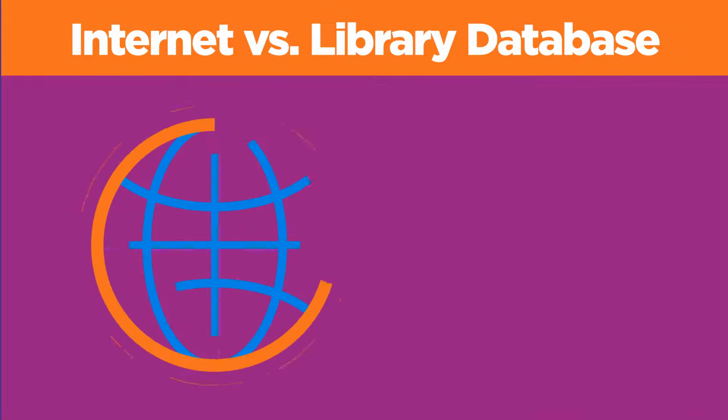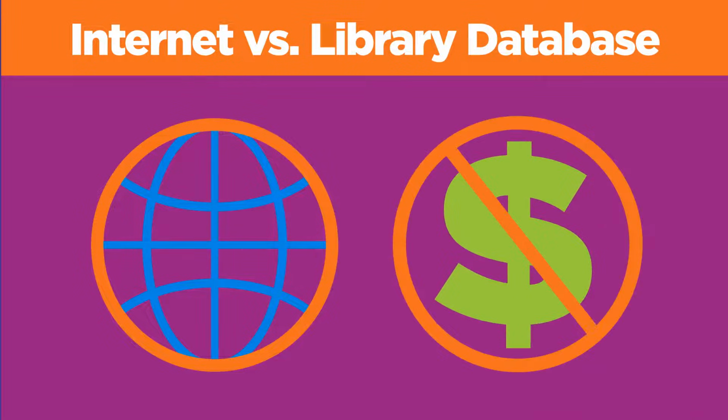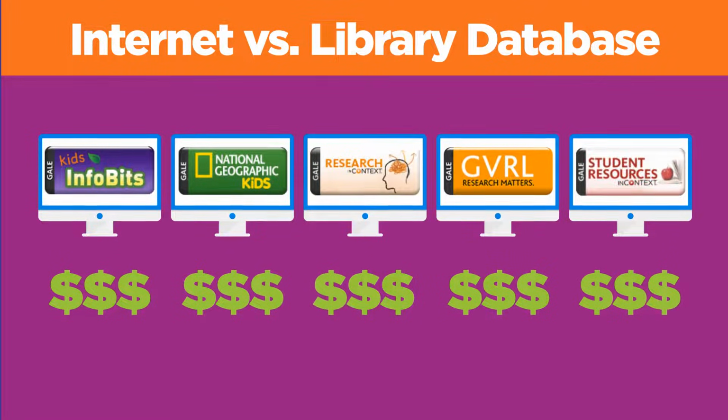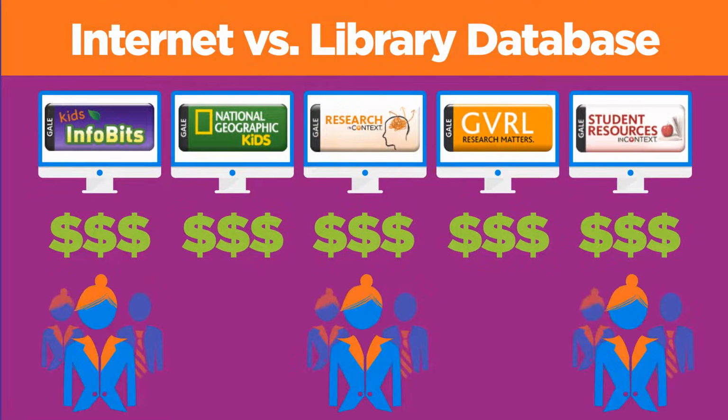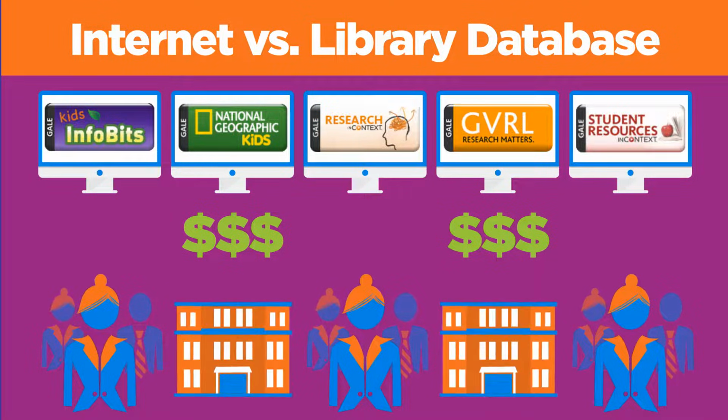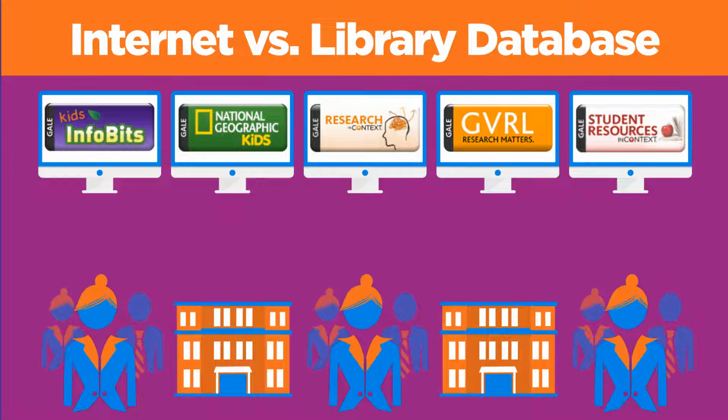Finally, while much of the information on the internet is free for anyone to access, databases cost money. One reason is because professionals have collected and reviewed the information. Another reason is because database companies have to pay the original publishers for the right to use their articles and images, most of which are not available on the free internet.